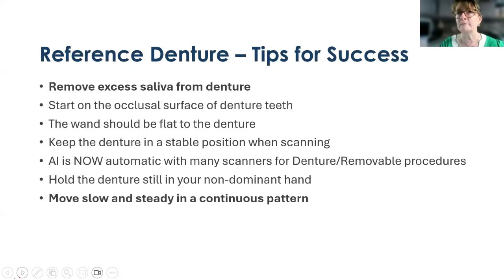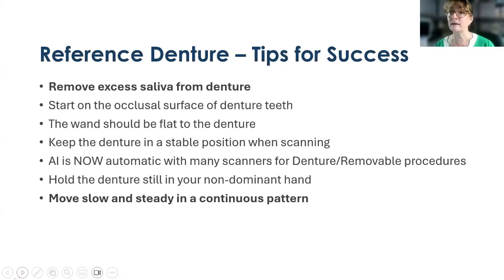When you are scanning the denture itself, we're going to go into a little bit of a different technique then. But remember to try to hold the denture in your non-dominant hand and use your dominant hand that's holding the wand to move. Oftentimes people want to put the denture down on a countertop and try to scan it that way.